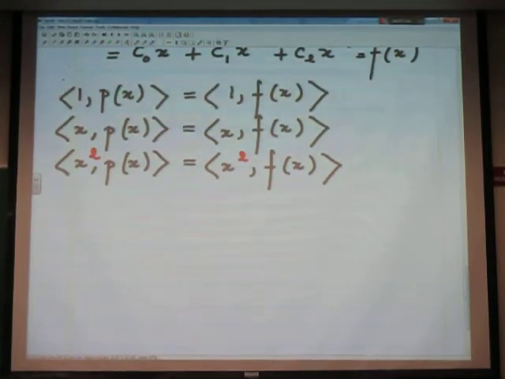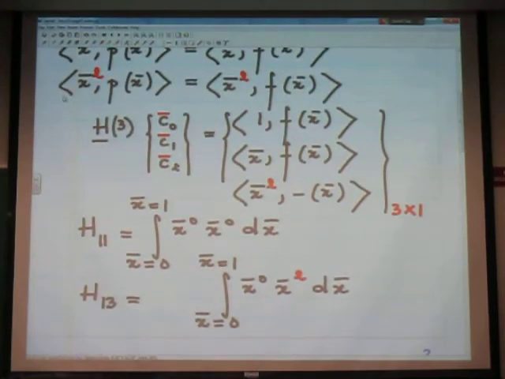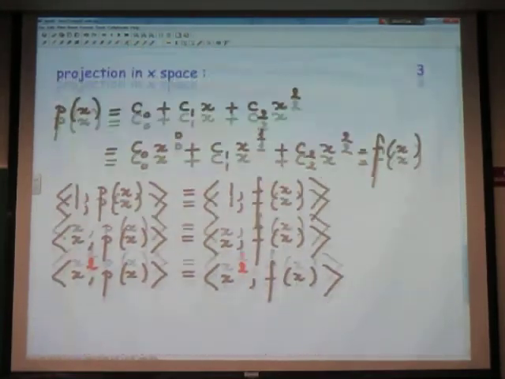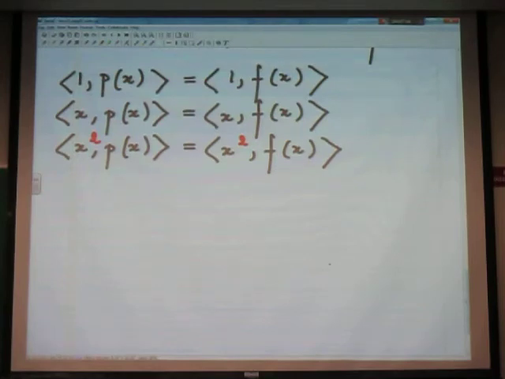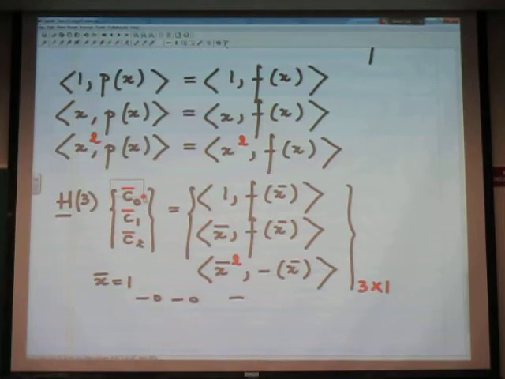All right, so let me show you one example. Let's take this. So here, instead of the Hilbert matrix, let me write like this. Okay, so you would have the following expression. Instead of the Hilbert matrix, you would have the Gram matrix. When you do projection in the X space, I remove all the over bars.